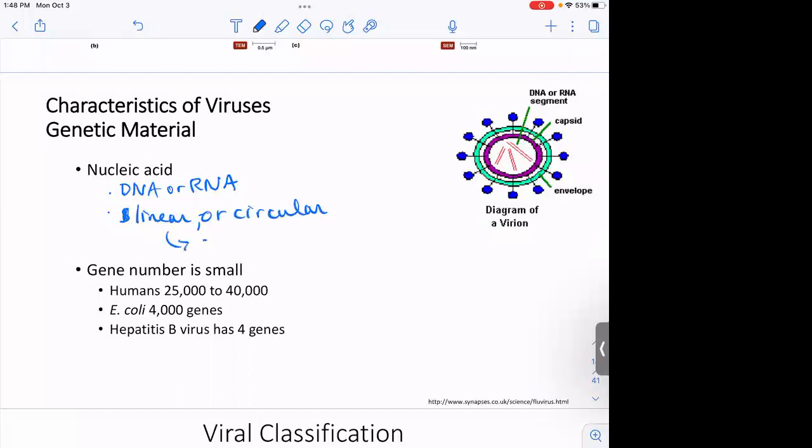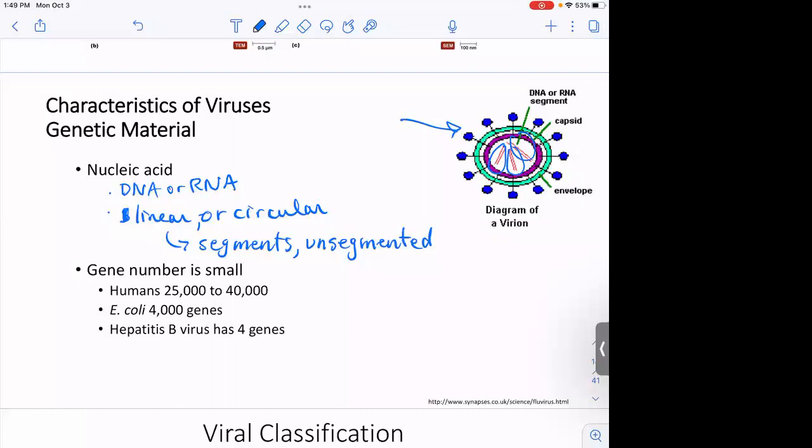If it's linear, it might be in segments, or it might be continuous or unsegmented. So here, this is not labeled, but I think that's an HIV virion. You can see you have 3 pairs of segments there. Coronavirus is unsegmented. It's just one super long piece of RNA. So it's just different ways to characterize that genome.